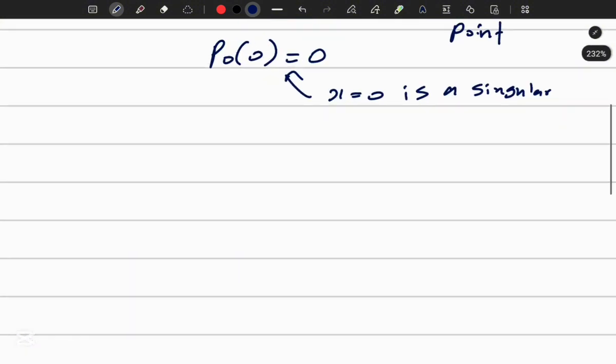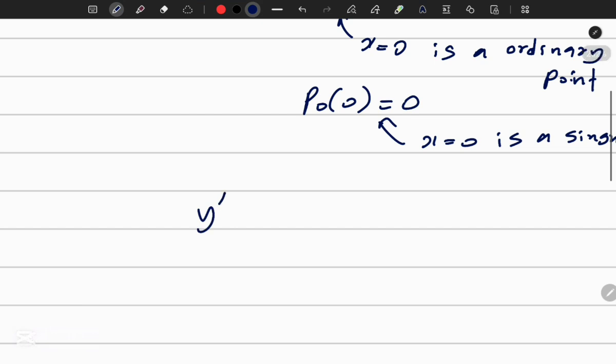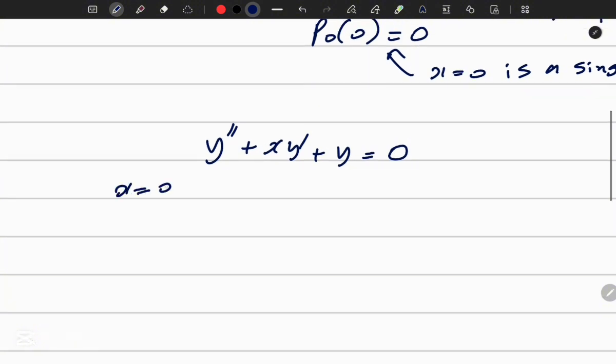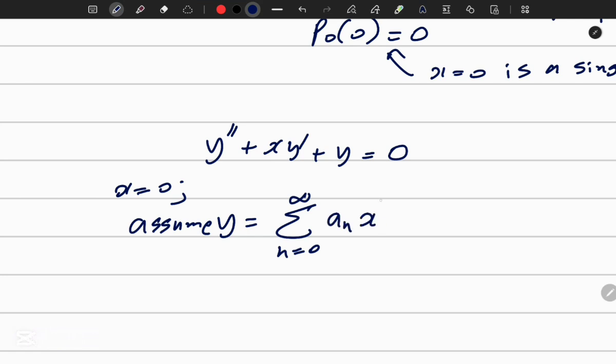Okay, so I will write that again: y'' plus x y' plus y equals 0. Now since x equals 0 is an ordinary point, I can assume y equals sigma n from 0 to infinity a_n x to the power n.